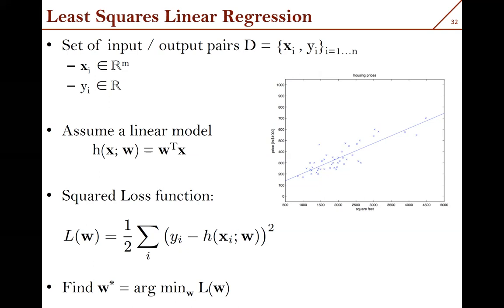So here what you see in the plot is the price of housing as a function of the square feet for some particular city, and somehow it goes up, depending probably on which part of the city you are in. And yeah, this kind of square loss function is used in the linear regression method.